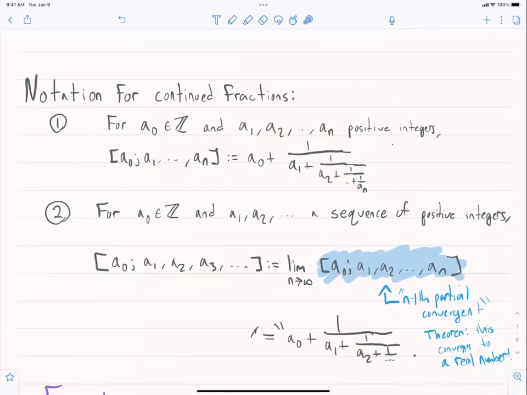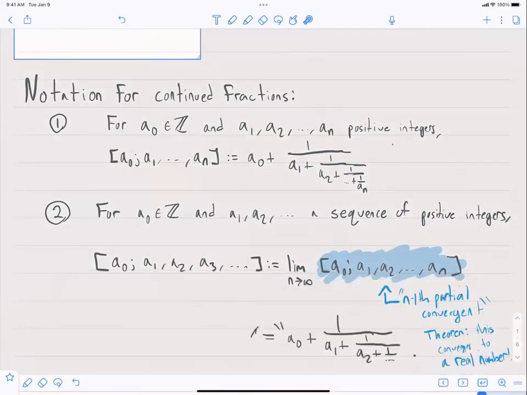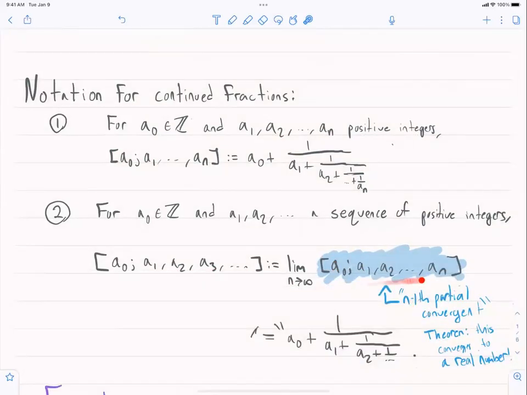Okay, and sometimes we write that using this notation where we have this continued fraction, and then we just have a dot, dot, dot down here instead of terminating at some AN. But this notation, like this dot, dot, dot, means take this limit. If you've taken some calculus or analysis, it's a good exercise to prove that this sequence converges. We're just going to take that on faith.